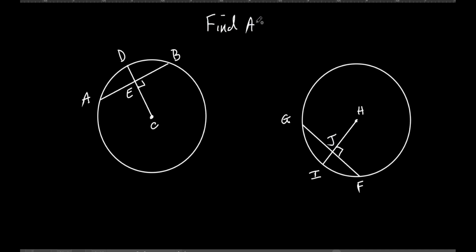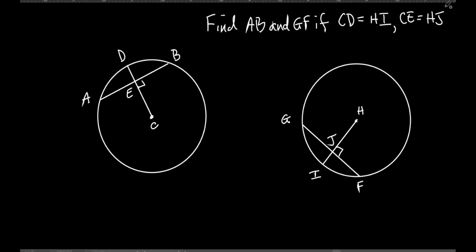They ask you to find AB and GF if CD equals HI and CE equals HJ.